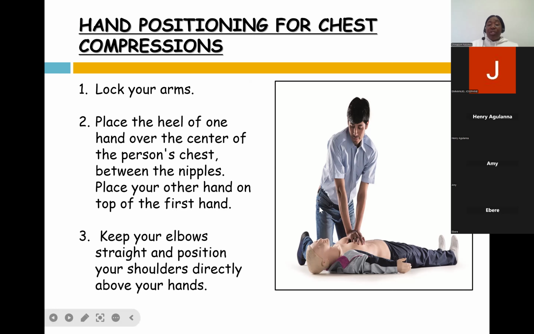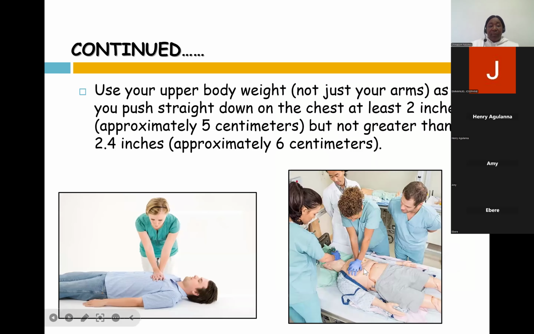Keep your elbows straight, just exactly how the person in this picture is keeping his hands. Your elbows should be straight, not bent, for you to deliver the actual compression you want. And your shoulders should be directly above your hand.